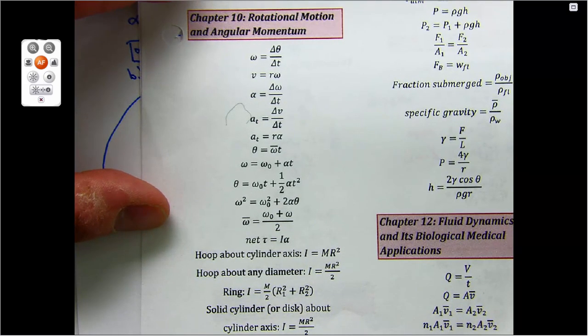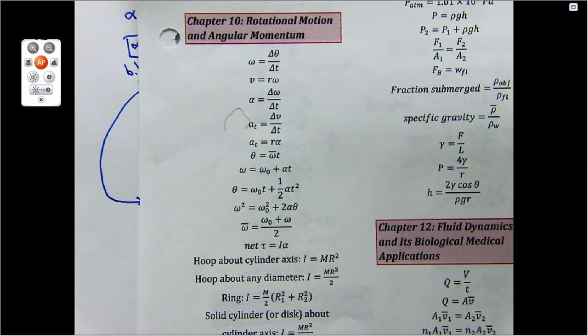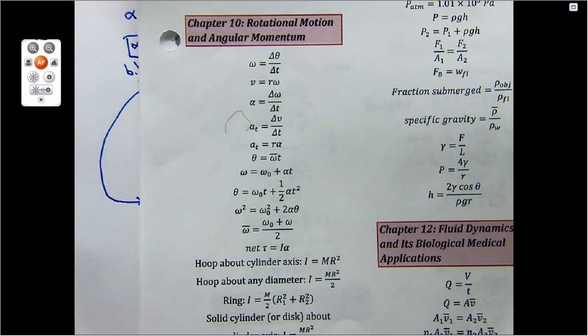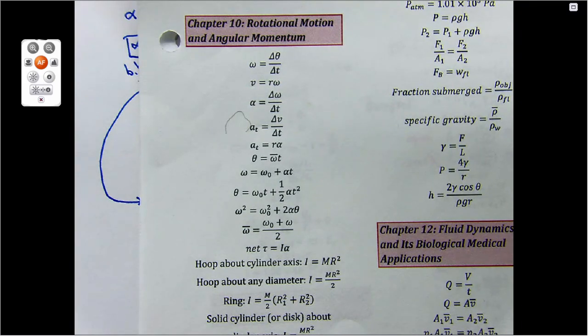Or you can use your other one. What are we trying to calculate? We're trying to get time, right? Yep.